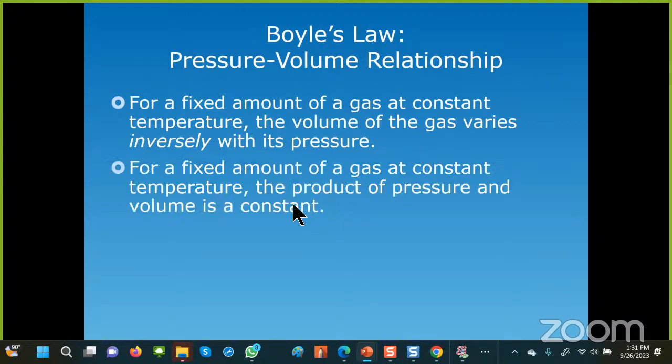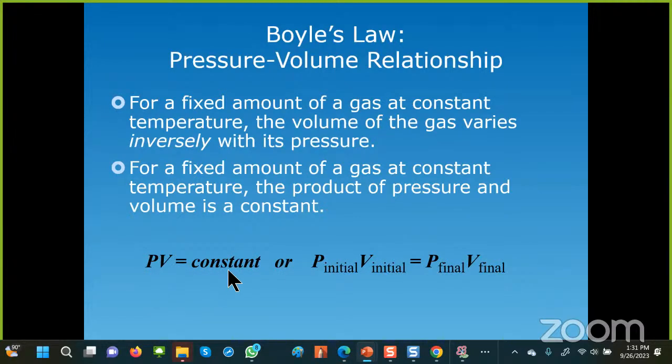Another way of stating this law is that, again, for a fixed amount of gas at constant temperature, the product of the pressure and volume is constant. They're both basically saying the same thing. The pressure multiplied by the volume is equal to a constant value as long as the temperature and the amount of gas is fixed.